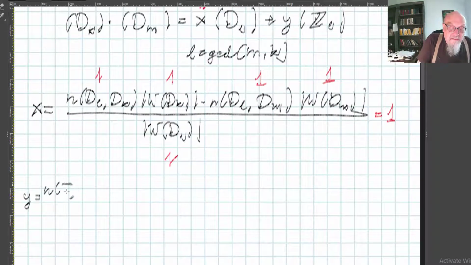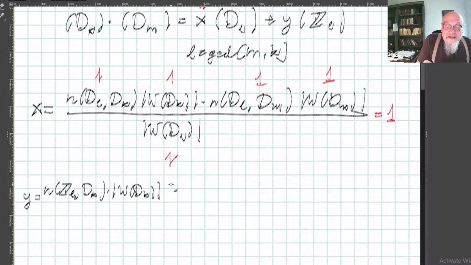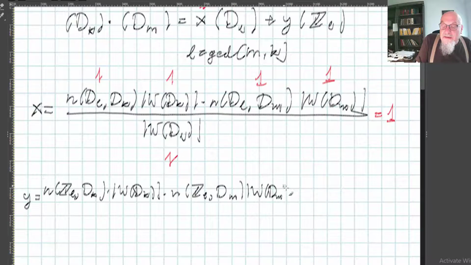So this is n(Zl, Dk) times the Weil group of Dk, and then we have n(Zl, Dm) and the Weil group of Dm, and then we have minus, and here we have 1 orbital still. So what do I get here? I have here n, and this is L tilde.